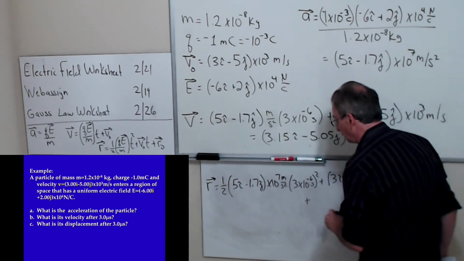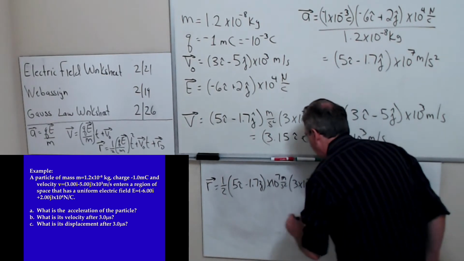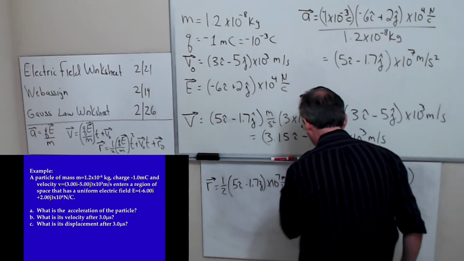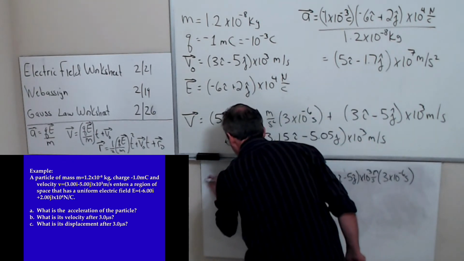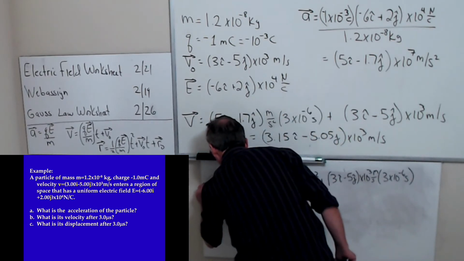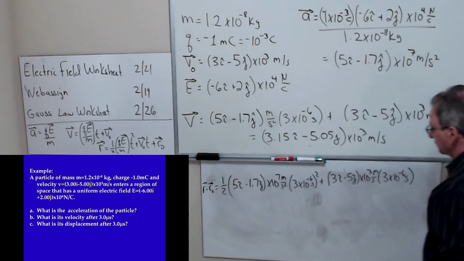Actually, it wants a displacement. So it wants R minus R naught. So I'm going to take this guy and put it on the other side of the equation. And then all I got to do again is just use my calculator.